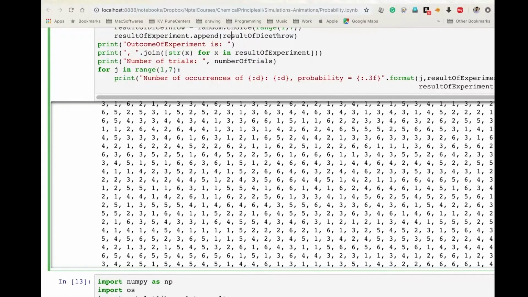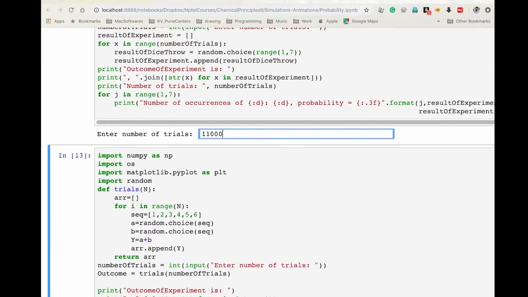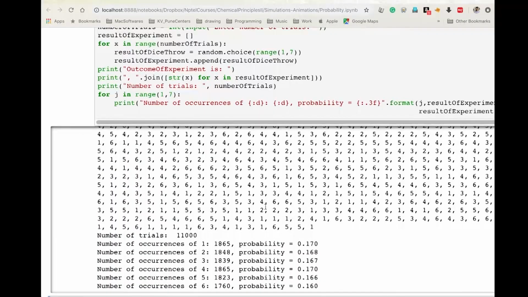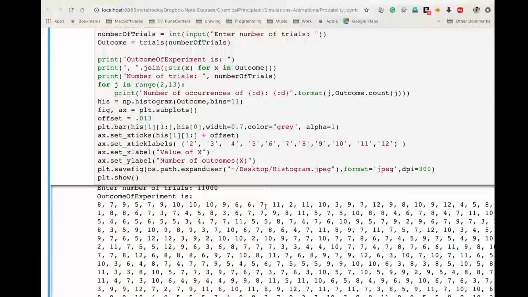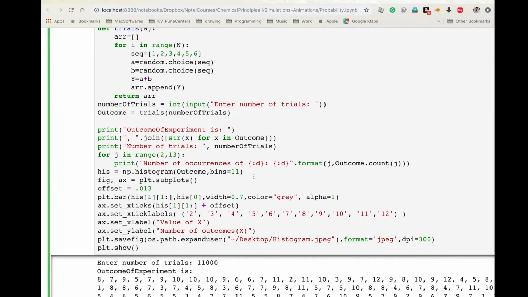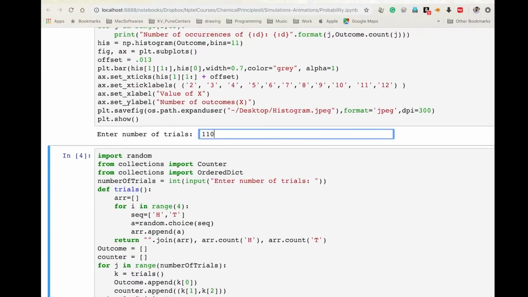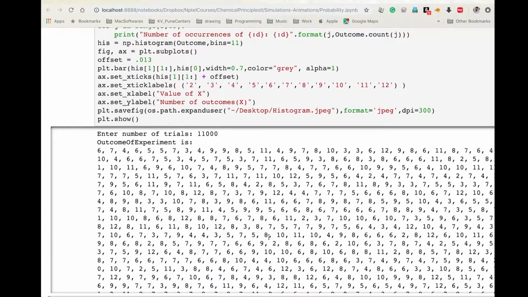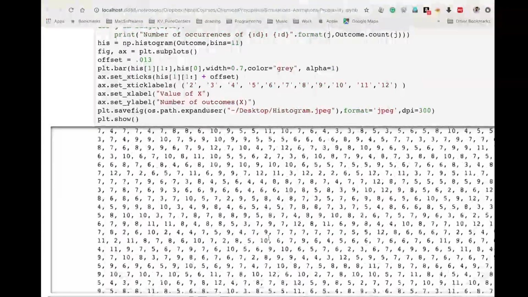So, let us do 11,000, so that we expect somewhat more. I ran the program now, and let us calculate the probability.